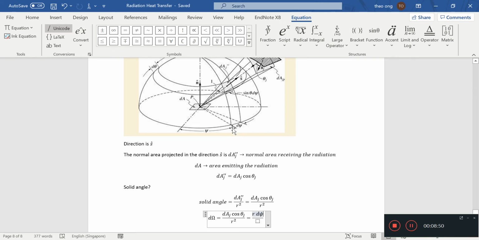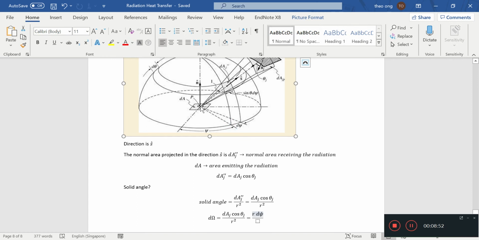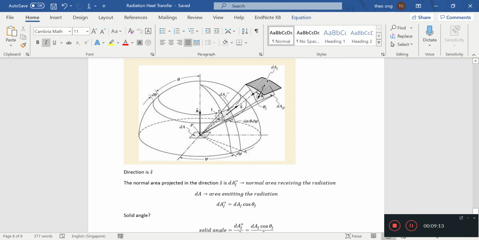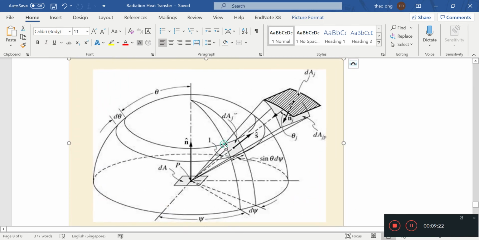Let's see from here to here, this is the length r, and this is the angle d psi. So it's very similar to what we see here, r and theta. So this is r d psi. So that's the bottom. I'll just need to multiply. So what is this little angle over here? What is the length from here to here?